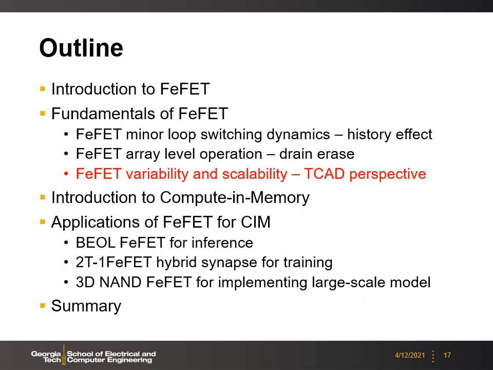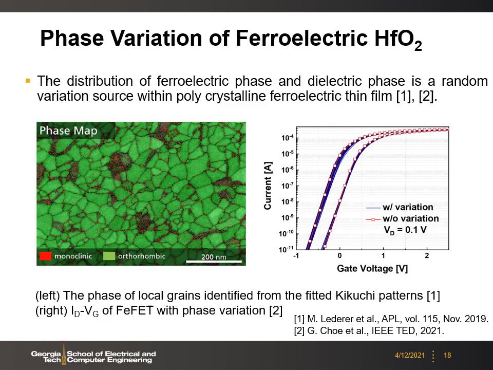Next, we will address the variability and scalability of the FeFET from a TCAD perspective. Ferroelectric devices may show significant variation, for example, the dispersion in the ID-VG curve of a FeFET. The primary reason for the variation is the phase variation of the ferroelectric polycrystalline thin film.